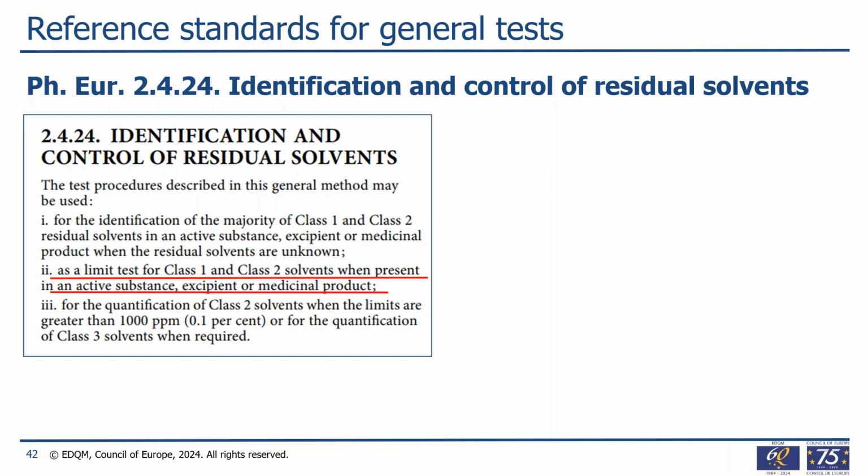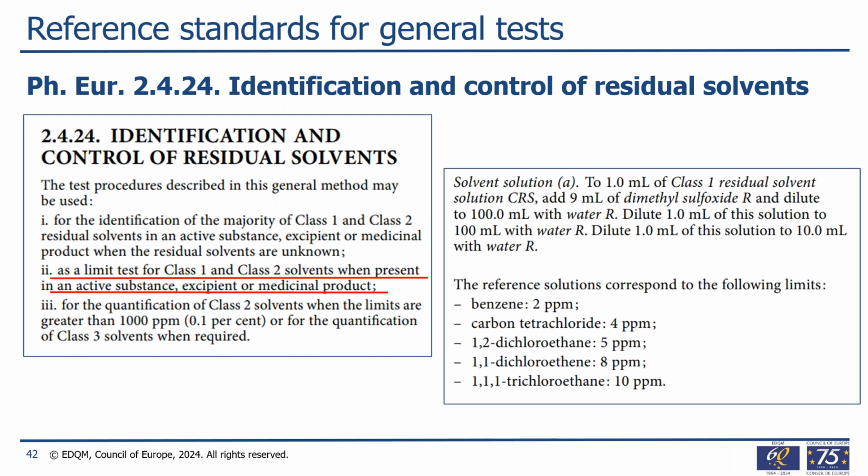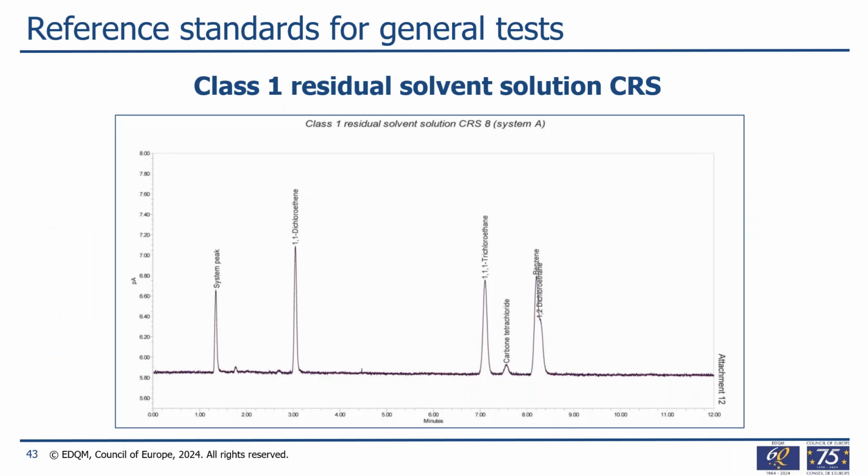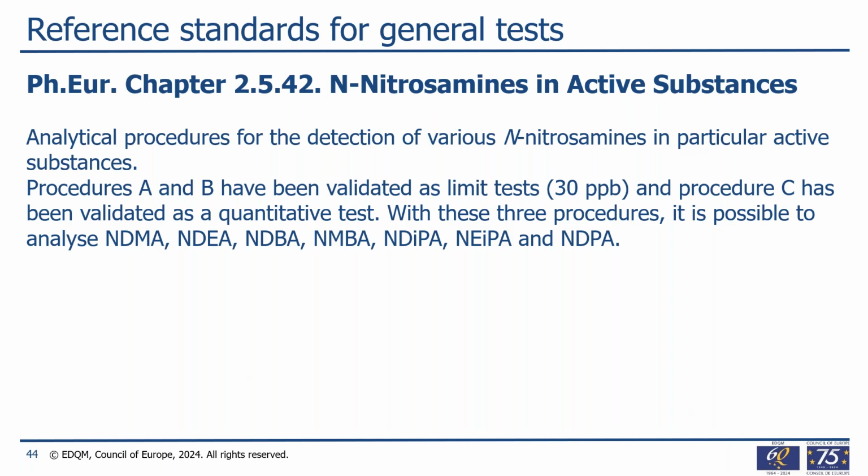This is used for the system suitability verification to ensure sufficient sensitivity, but also to help the user identify the peaks. Information on how to use the CRS is provided in the general chapter. So this is the chromatogram you would obtain, and this CRS is delivered with a chromatogram in the leaflet to assist users in the peak assignment.